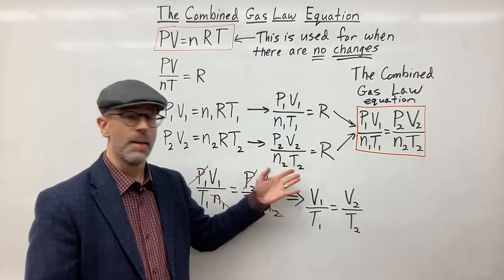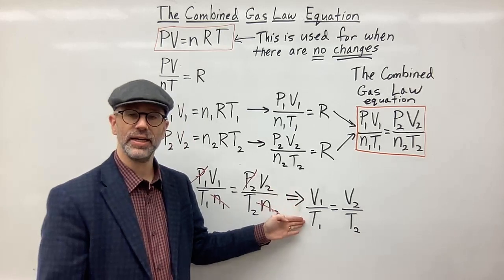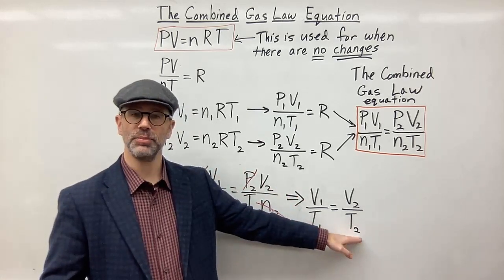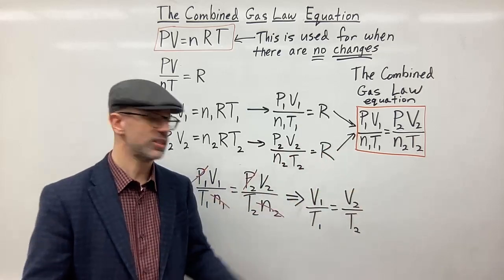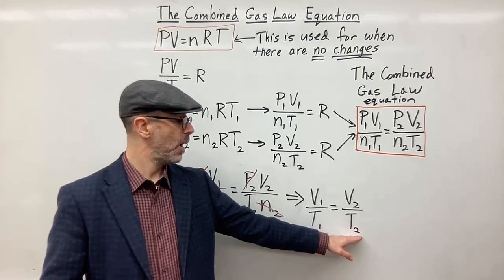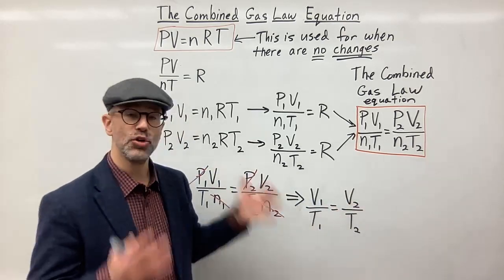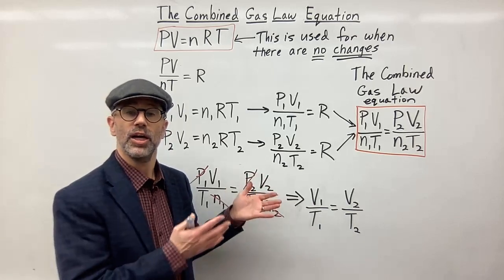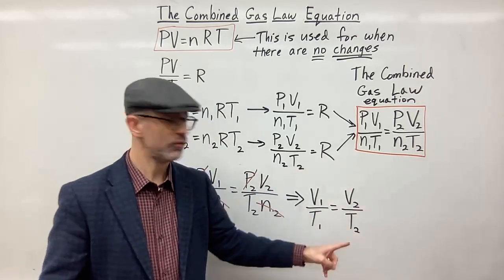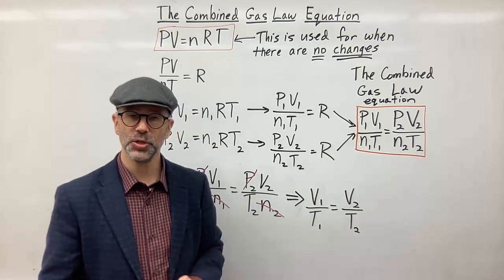Maybe I start with an initial volume and an initial temperature, and they change the temperature on me. They increase the temperature or they decrease the temperature. Whatever the case may be, I have a second temperature, but I need to find the volume at that new temperature. So what's the new volume of the gas at that new temperature? I use this equation to solve, and I solve for V2. I plug everything in, and I solve for V2, right?